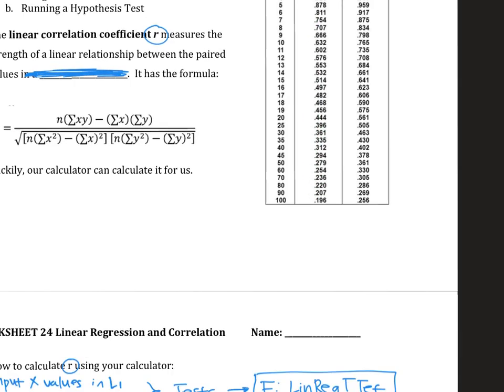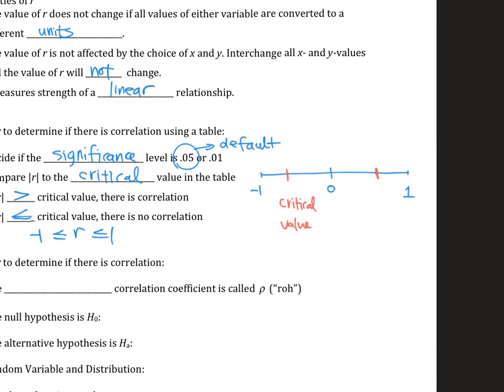In the table, it only gives you positive, but you can just think of it as positive and negative. So graphically, this part is correlated, this part is correlated, and anything in the middle is not correlated.